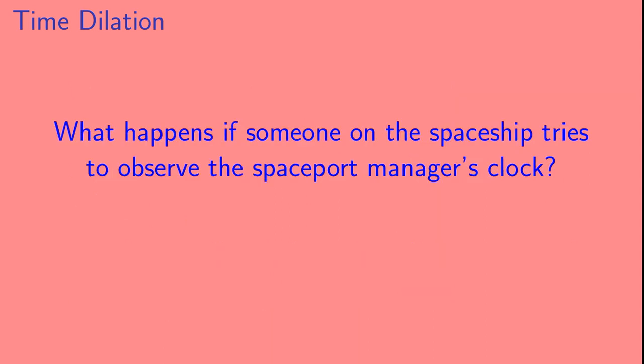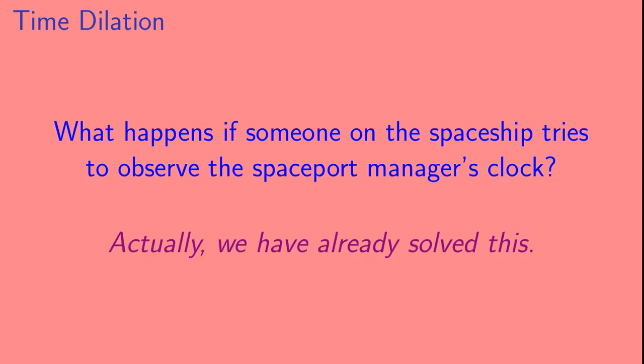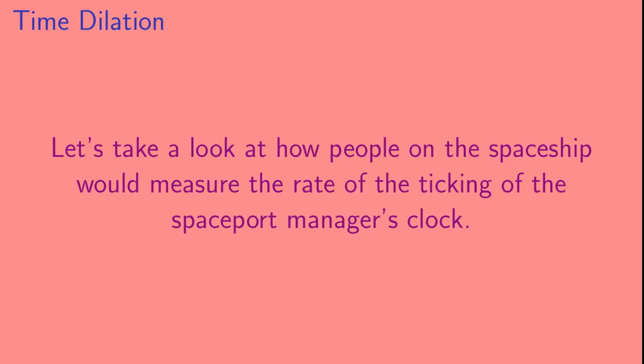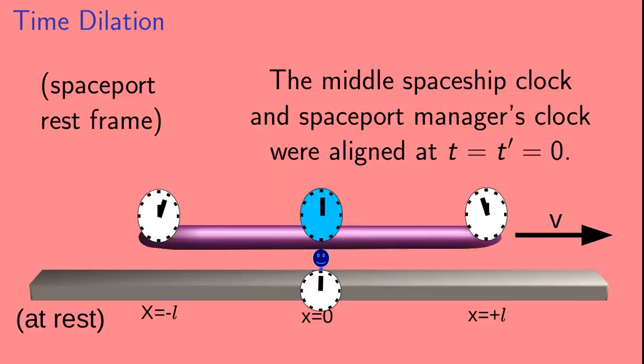Okay, but now what happens if someone on the spaceship tries to observe the spaceport manager's clock? Actually, we have already solved this. Let's take a look at how people on the spaceship would measure the rate of the ticking of the spaceport manager's clock.